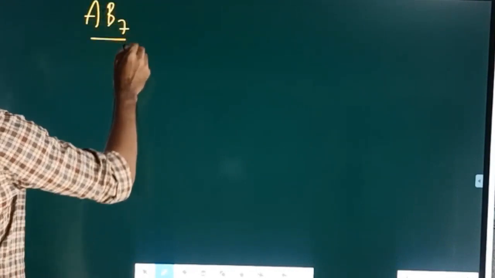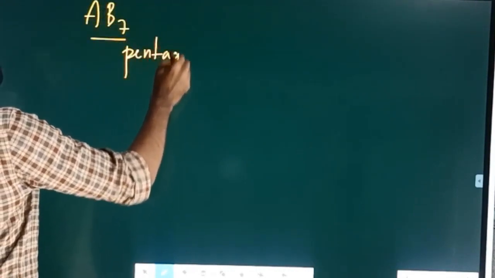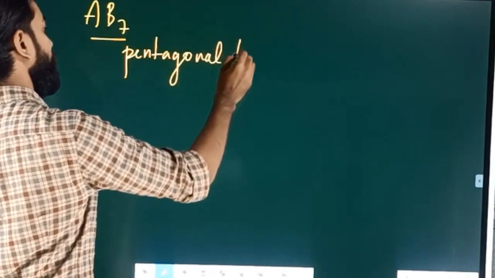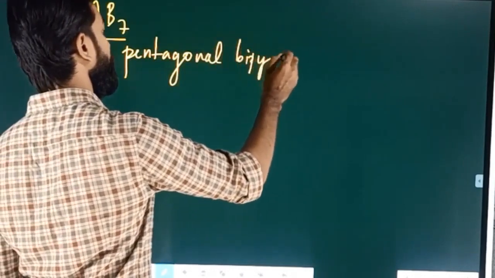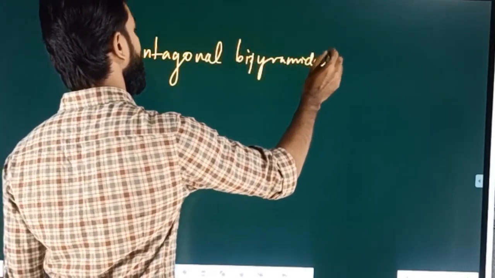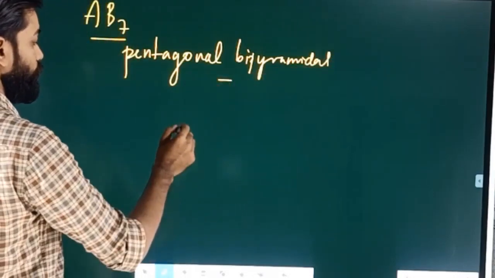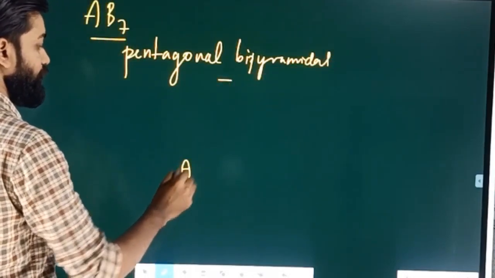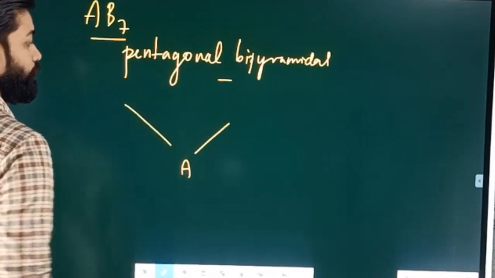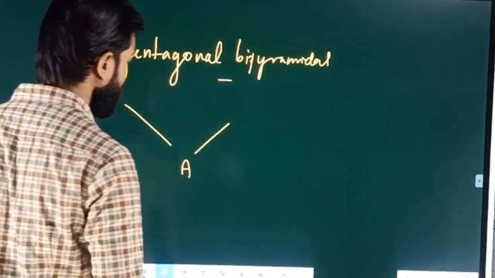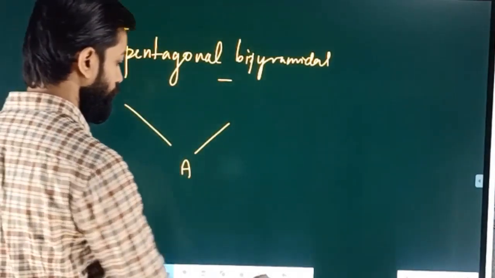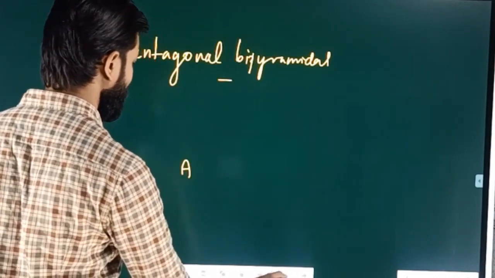Ready? One more category is there, AB7. AB7, the shape is called pentagonal bipyramidal. You have a central A, surrounded by 5 corners in pentagon fashion.